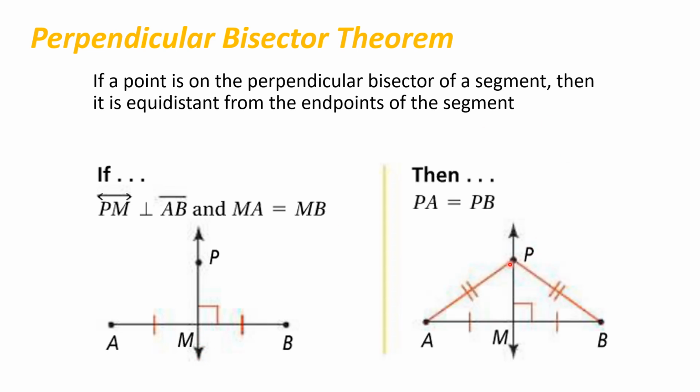So P, this point, belongs to the perpendicular bisector, so AP is equal to PB. P is equidistant from the endpoints of this segment, so AP is equal to BP. Any point belonging to the perpendicular bisector is equidistant to the endpoints of the segment.